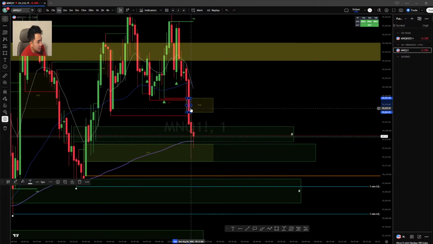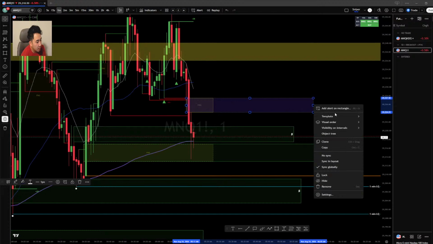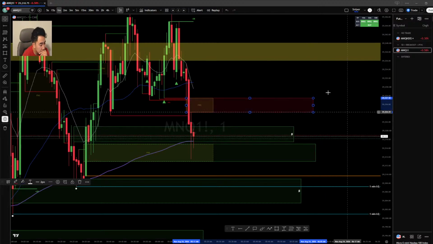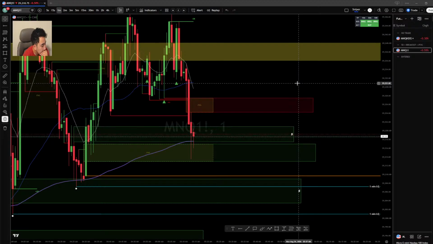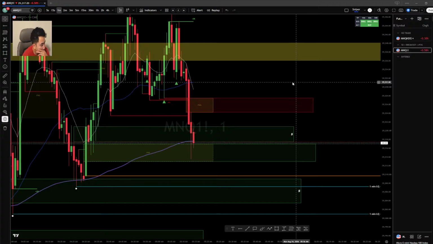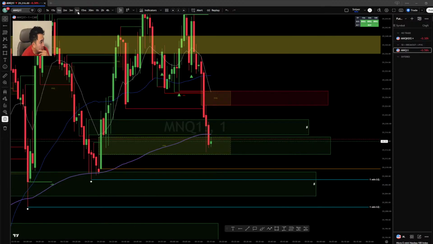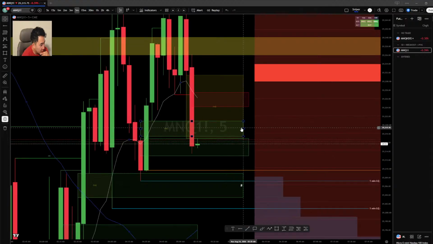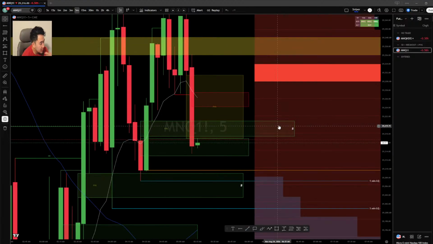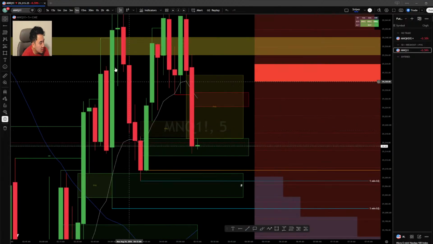So we have a bearish gap right here. All right, on the 5-minute, looks like this 5-minute gap right here, the left side is broken, so we'll just delete this.